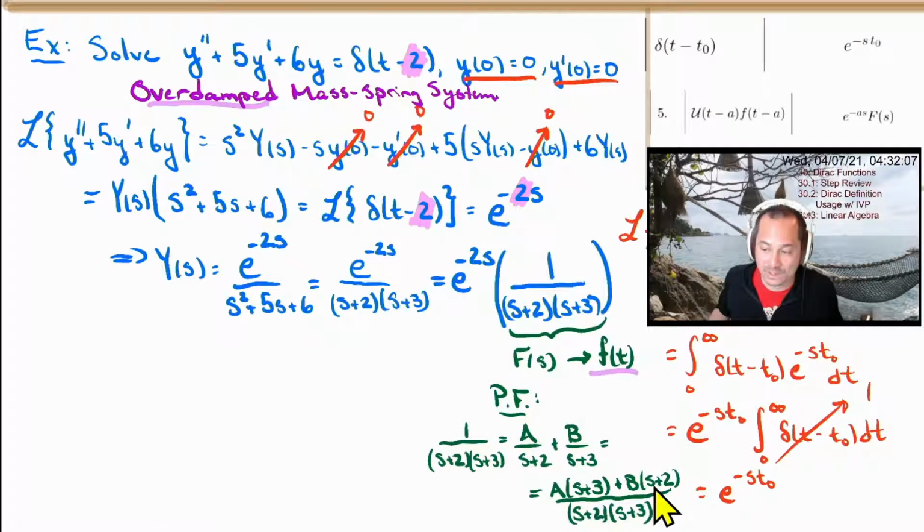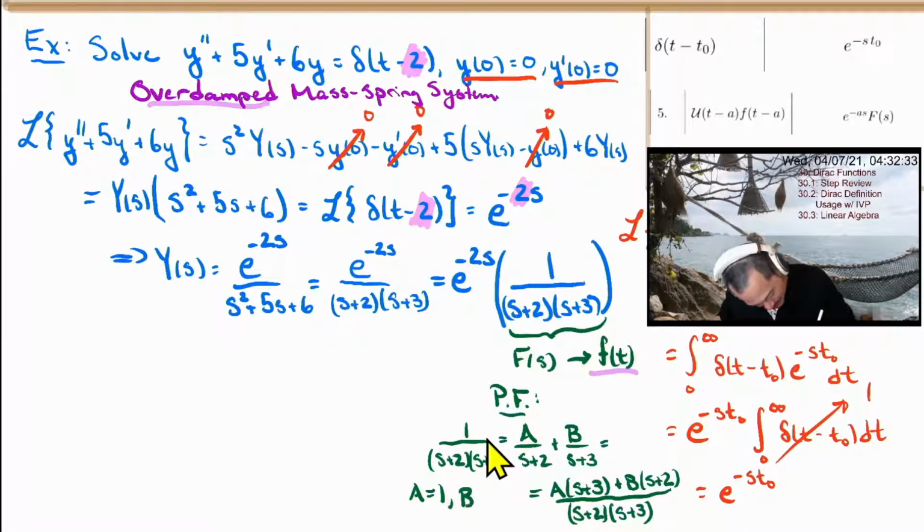If s is equal to negative 2, then the b term goes away. And if s is equal to negative 2, I have negative 2 plus 3, which is positive 1, times a is equal to 1. So a must be equal to 1. And now if I choose s is equal to negative 3, the a term goes away, and I have negative 3 plus 2 giving me a negative 1, times b is equal to 1, and my b must be equal to negative 1.